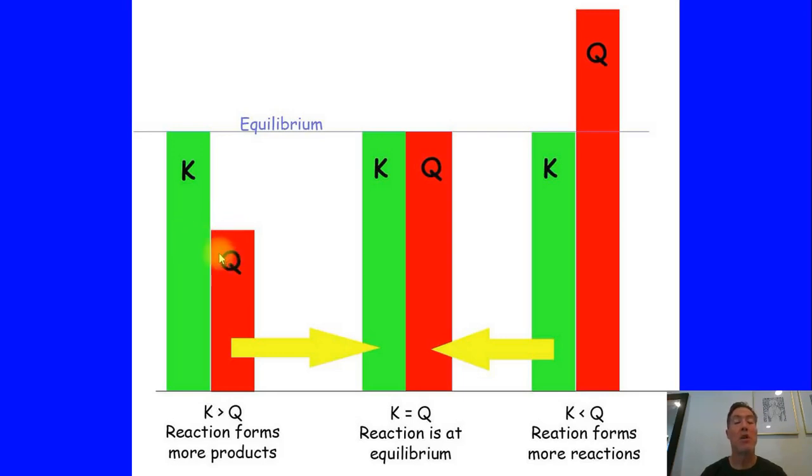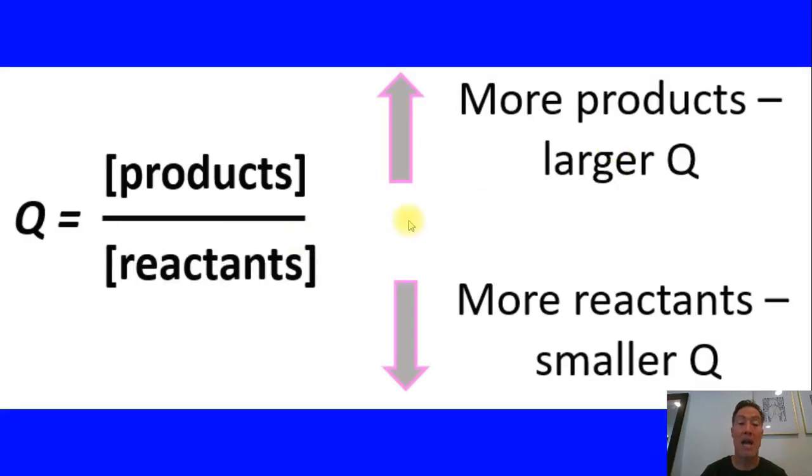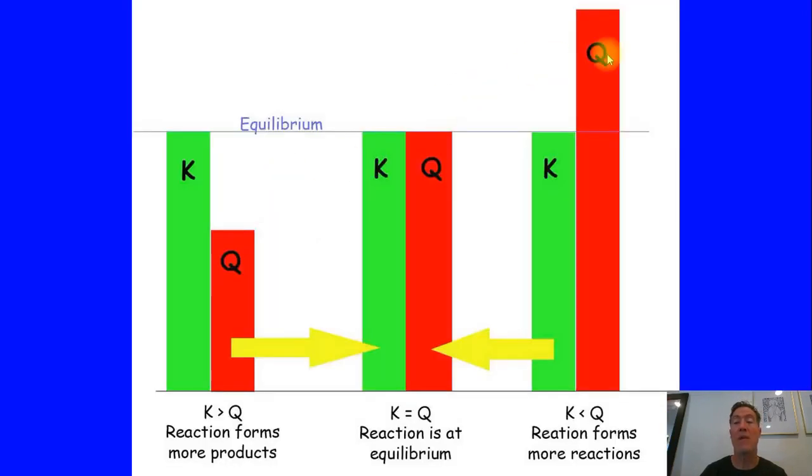Then Q wants to tend towards K, so it's going to form more products to get larger. If Q starts out too large, that means we have too many products. So this reaction is going to shift away from products toward reactants, make more reactants until Q equals K. And the moment Q and K are equal, the reaction stops shifting and is at equilibrium.